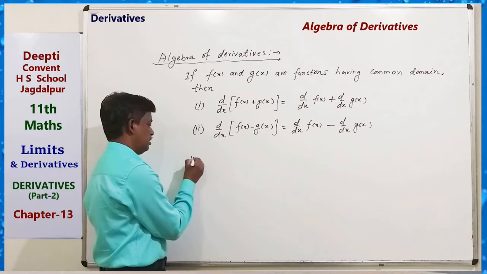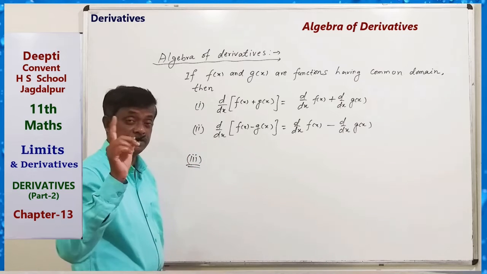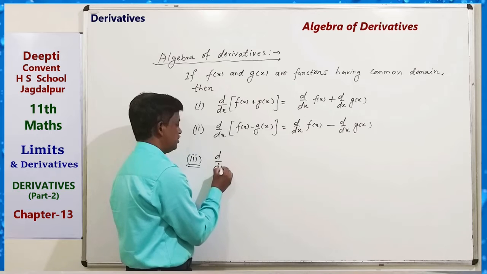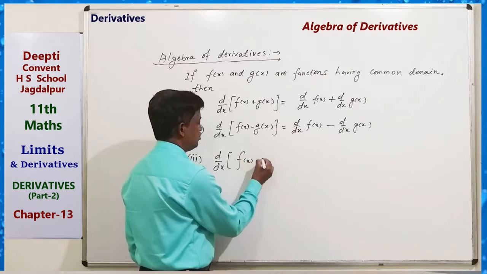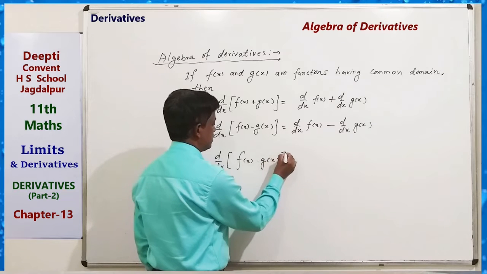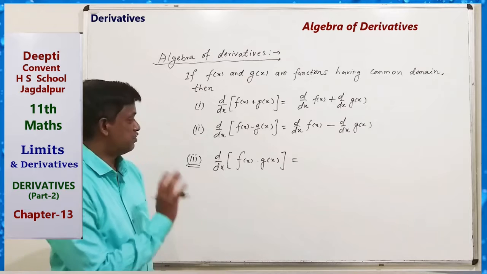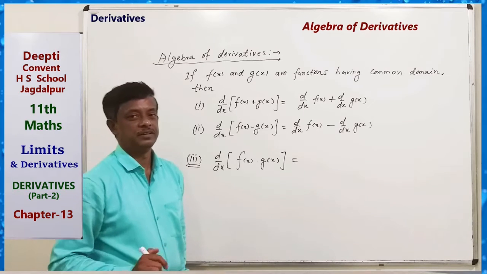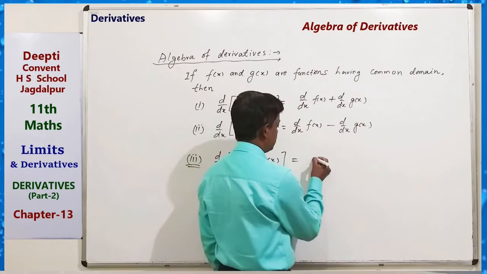Now the third point: the derivative of multiplication of two functions, f(x) into g(x). Its formula is just different from the limit. Here we have to use this formula.